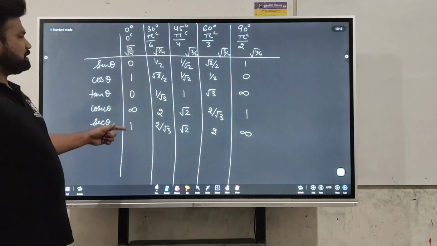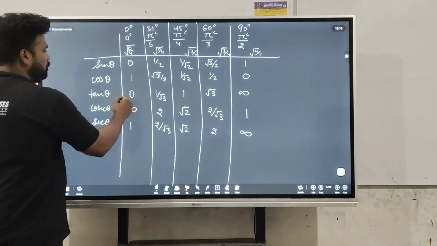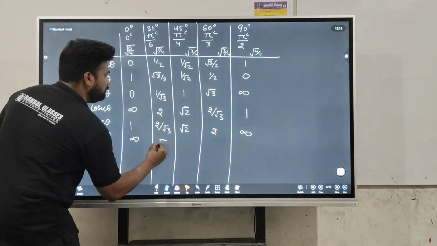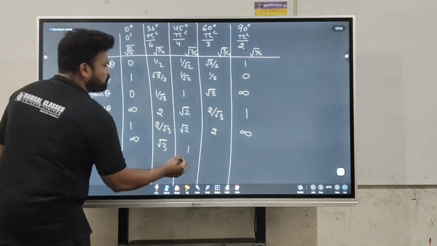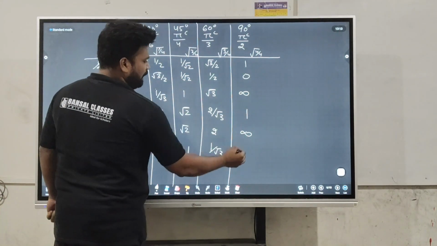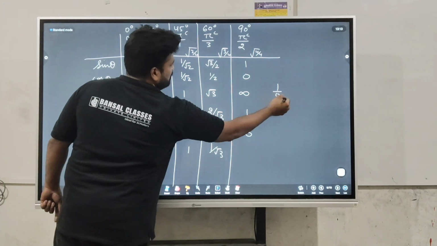Now, you know what the reciprocal of tangent is. 1 upon 0 is infinite, root 3, 1 upon 1 is 1, 1 by root 3, and 0 upon 1 is 0.